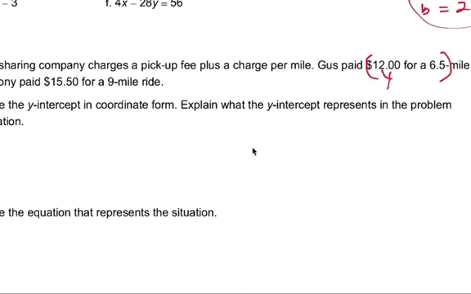Dollar is always Y, the other item is X. So 6.5 miles and $12. The other one is 9 miles and $15.50. Find the y-intercept in coordinate form.